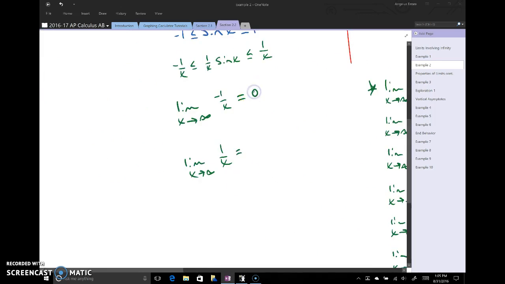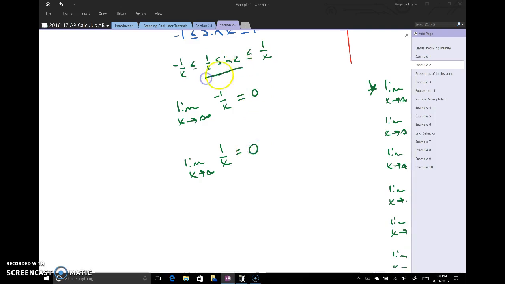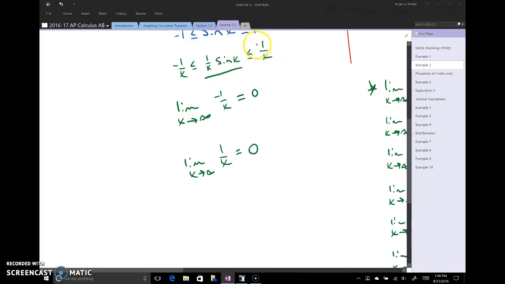So these both approach 0. And by the sandwich theorem, if the thing in the middle is always equal to or smaller than 1 over x, and always equal to or bigger than -1 over x, and they both squeeze down to 0, that means this thing's limit is also 0.